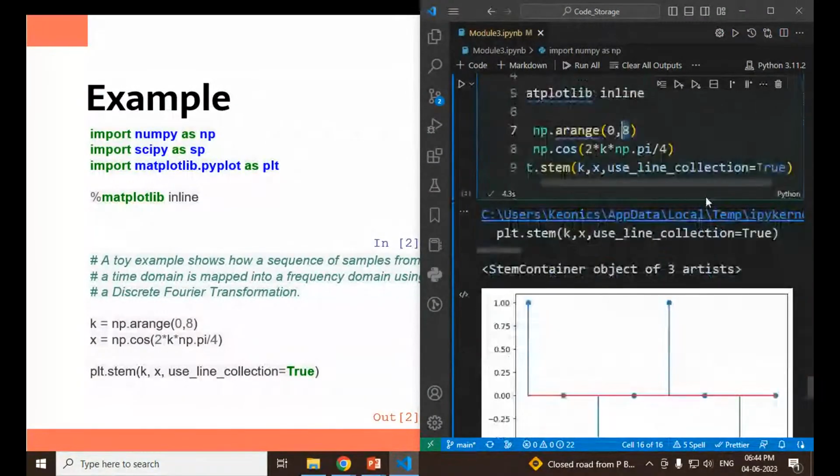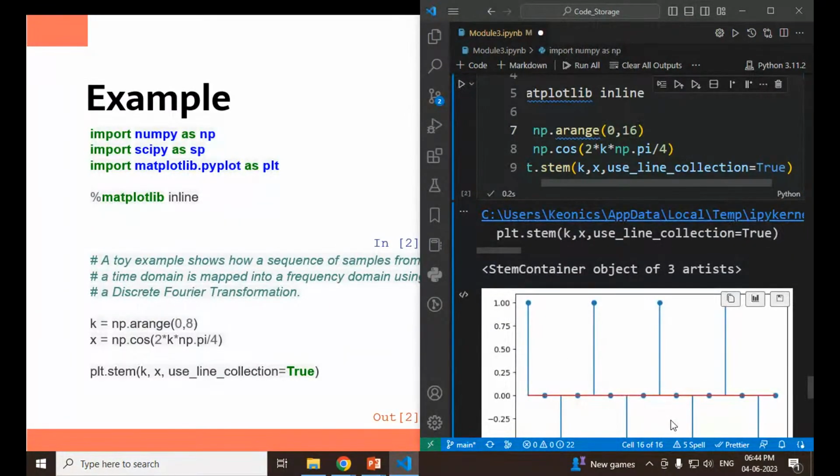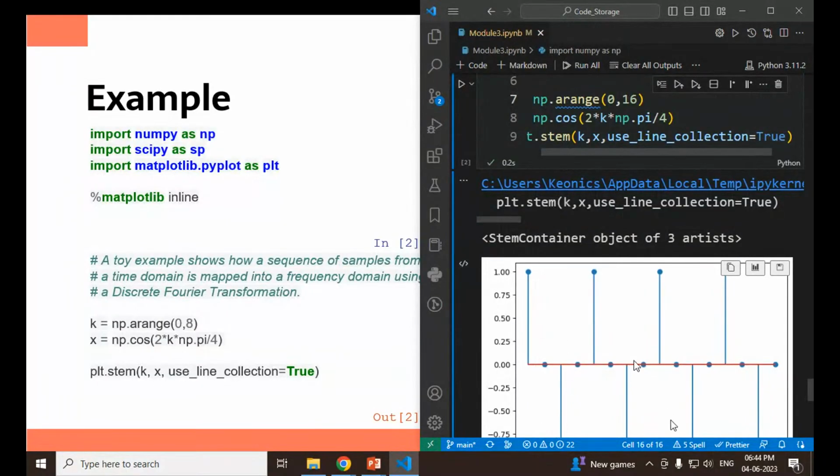When you change your range, that is the number of points that you want to consider, the precision of your graph will change. For example, I double it to 16 waves, that means the frequency will change. The number of cycles is more, so the frequency is increasing.